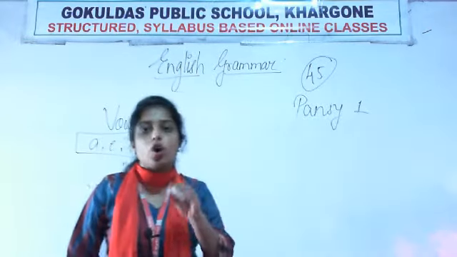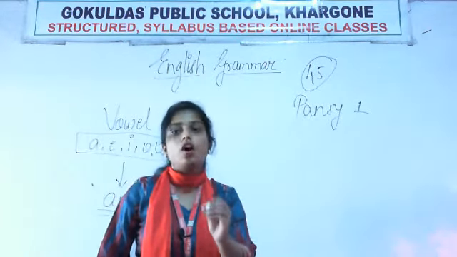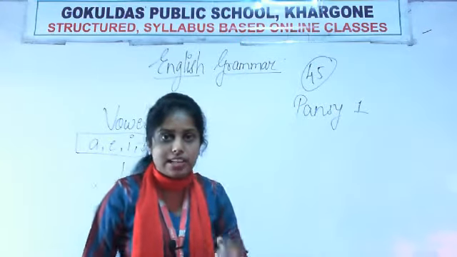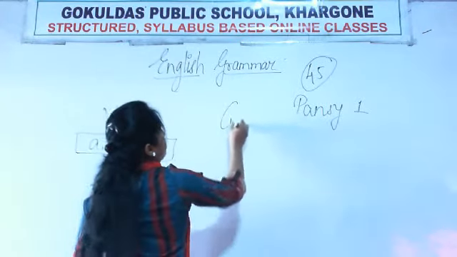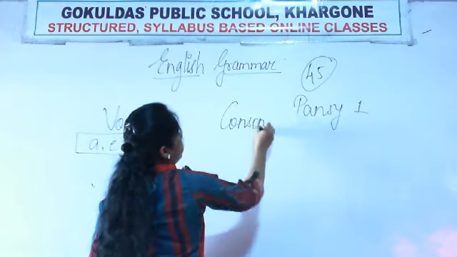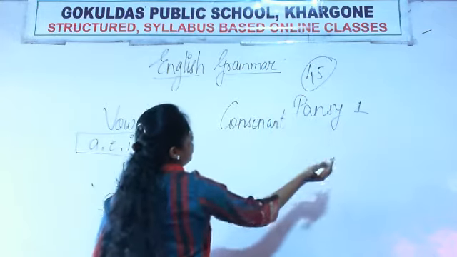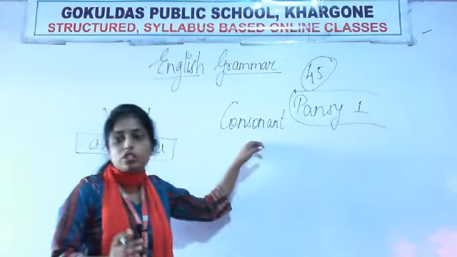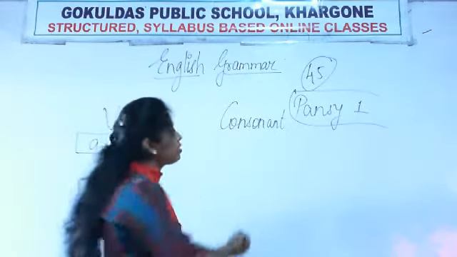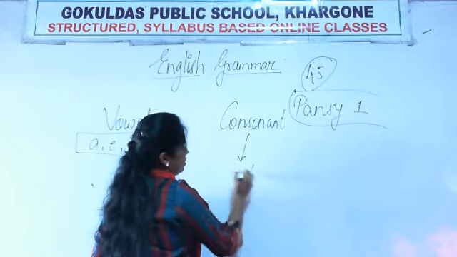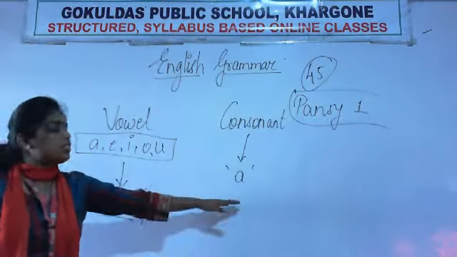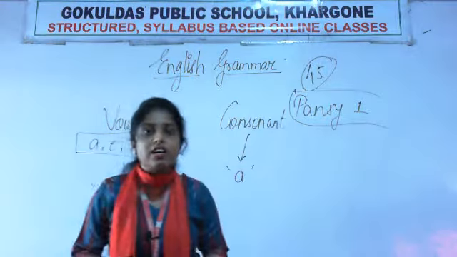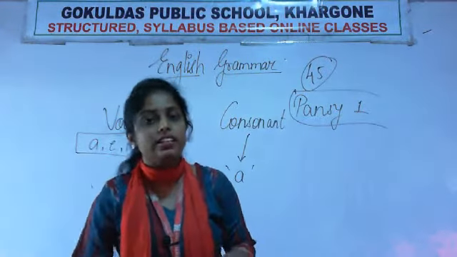And with all the consonant sound words, with all the words beginning with a consonant sound, what do we use? We use a. Alright. And we use a and an with the singular words. Are you getting the thing?